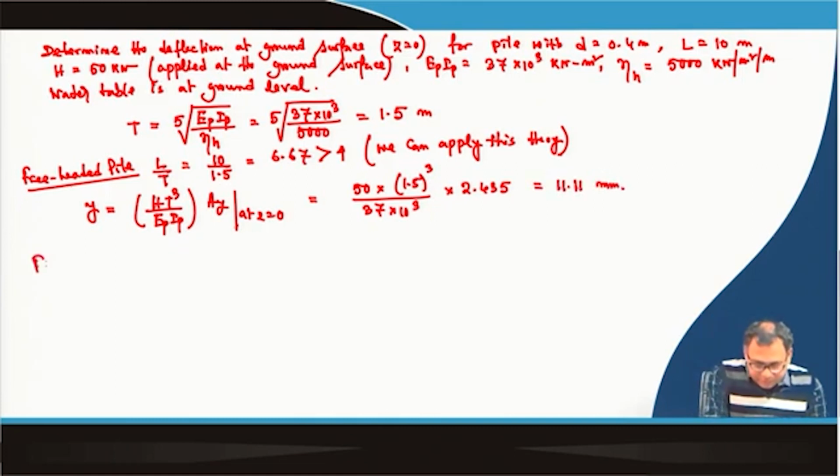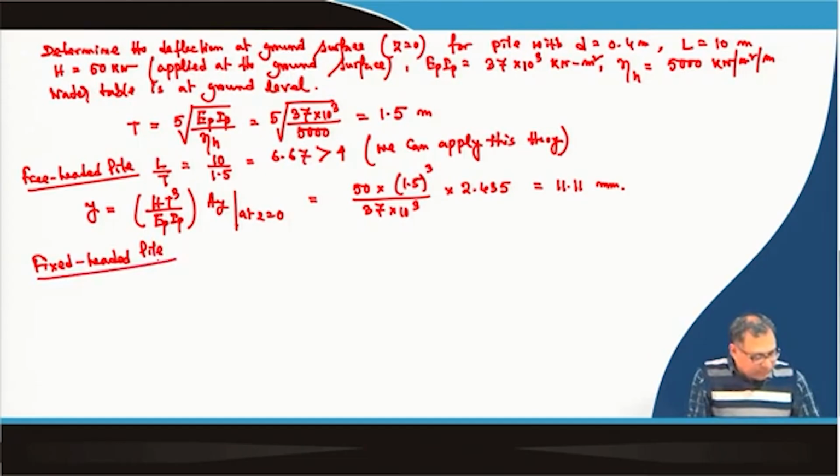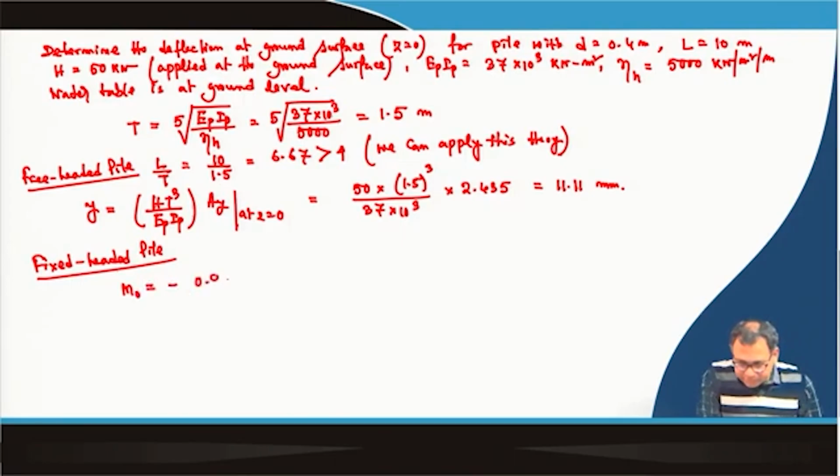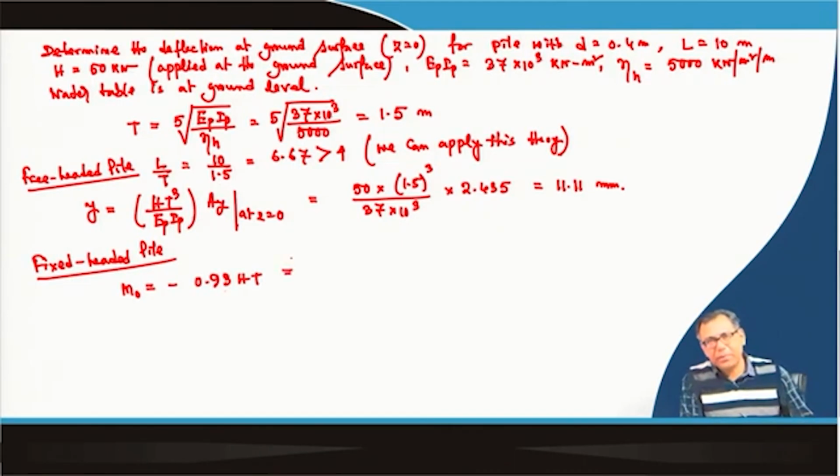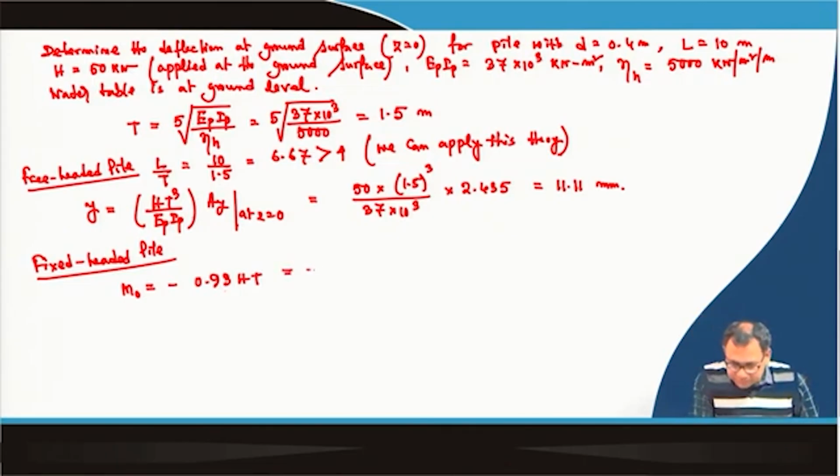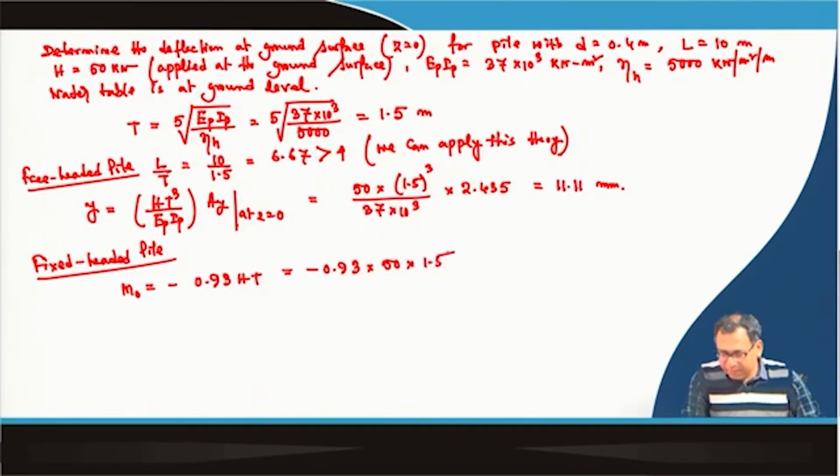Now, for a fixed headed pile, we have to determine the moment developed due to the fixity, that is 0.93 h t, similar to the previous concept. So, this is 0.93 into h is 50 into 1.5.